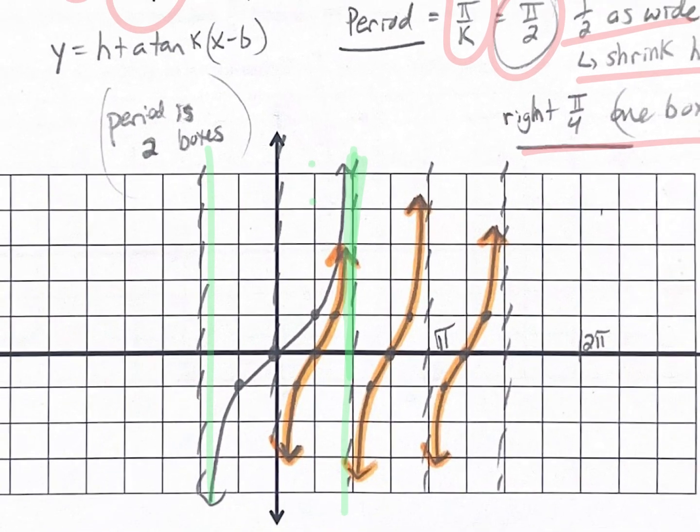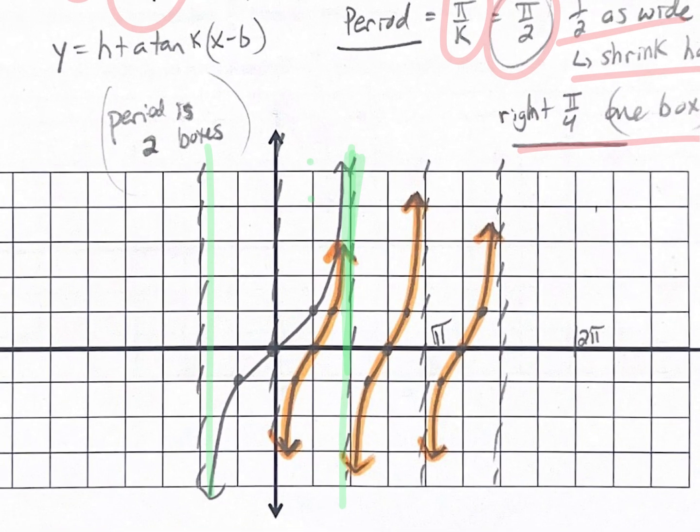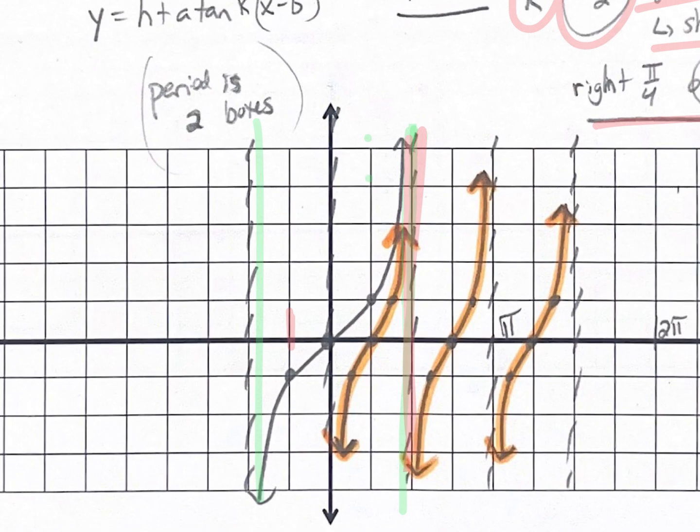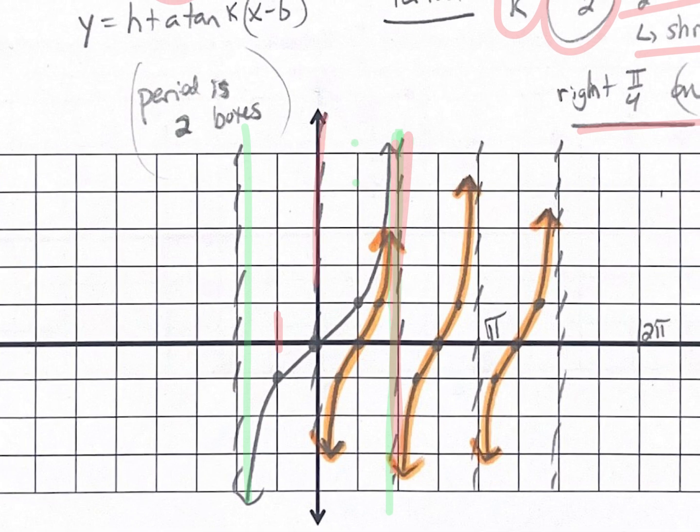So that's where the new asymptote is. I'm going to make that in red. If we look at this other green asymptote, if we go half as wide, that puts us at -1 box, and then you have to go to the right 1 box, because pi over 4 to the right means the right 1 box. So here's our new asymptote.